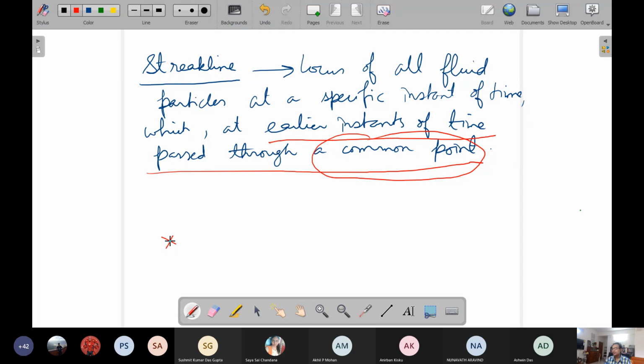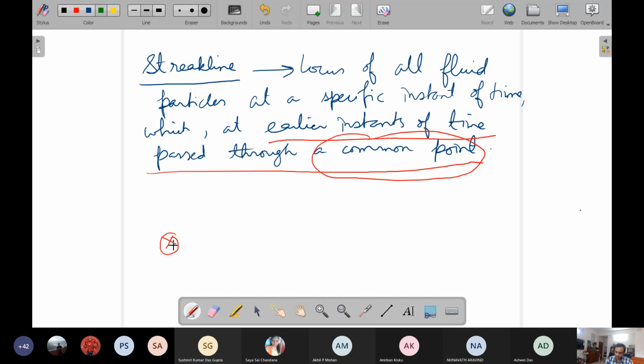So say now it is time equal to 1 hour. Starting from time equal to 0 to time equal to 1 hour, different fluid particles passed through this identified point. Those particles which at different earlier times passed through this are now at different locations.